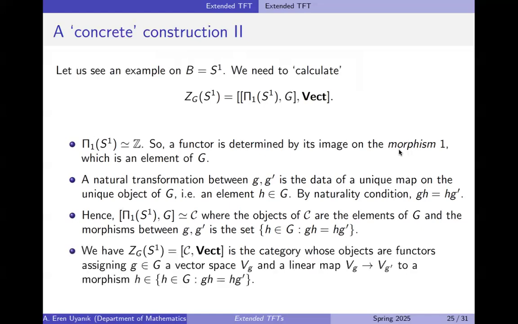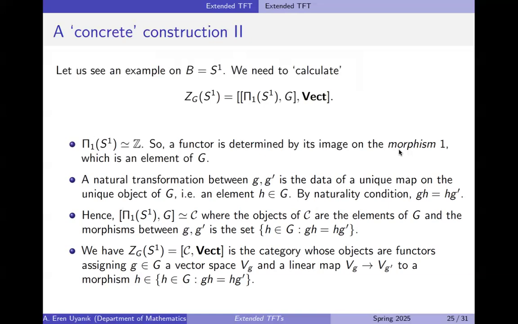So we will not go that much explicit. Again, we call this category C. And this is just the functor category from C to vector spaces. Its objects are the functors taking G and assigning a vector space. And the morphisms send h to a linear map which is compatible with this conjugation operation.